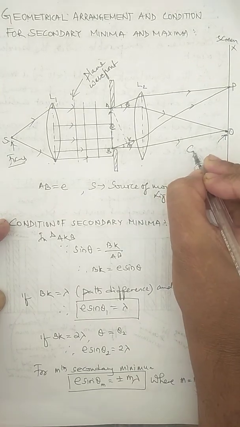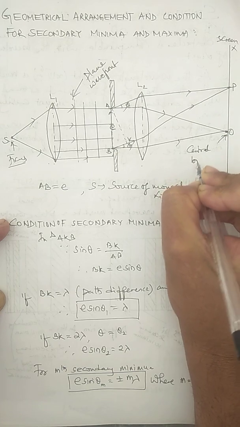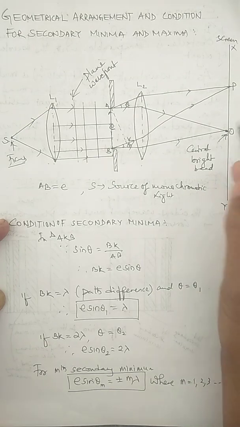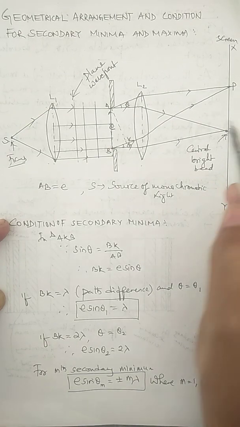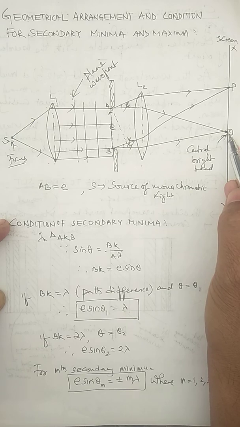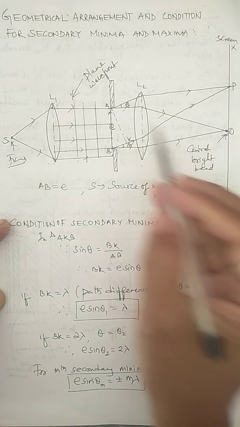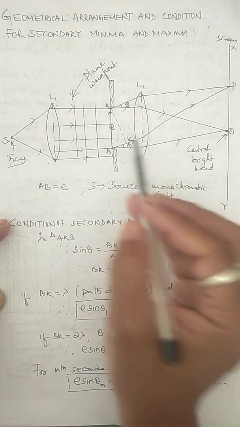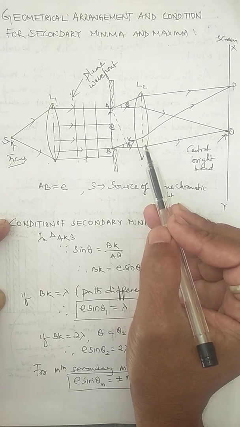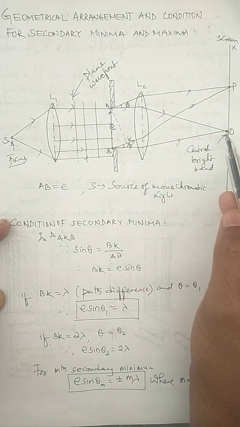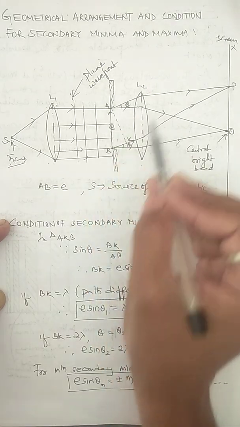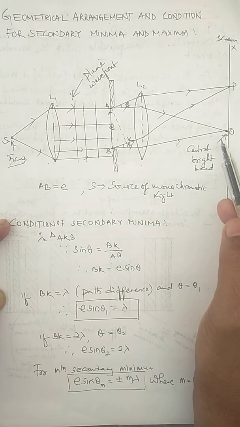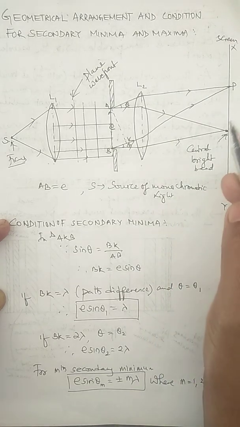So all the bright fringes will form at O. That means O is the position of the central bright band, so the maximum intensity of light is focused at O. As I said just now, those wavelets which proceed in the same direction as the incident light are always focused at O. Since all these waves are in the same phase, they reinforce one another and produce the central bright band. So the central bright band is always formed at O.